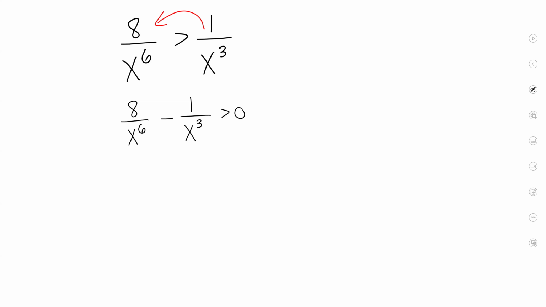Now, do you guys remember how to combine fractions? What do you need to combine fractions? A common denominator. So, what should I multiply this fraction by so that the denominator is the same as this one? Exactly. I'm going to multiply by x cubed.